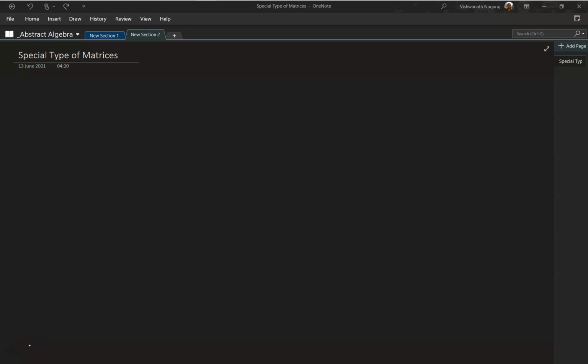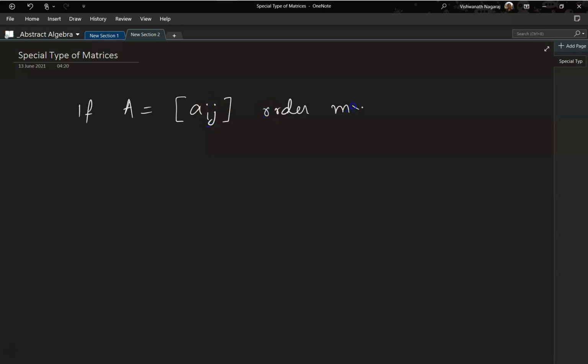Let's look at some special type of matrices. Now, let's say we have a matrix A equal to Aij, which is of order m by n.